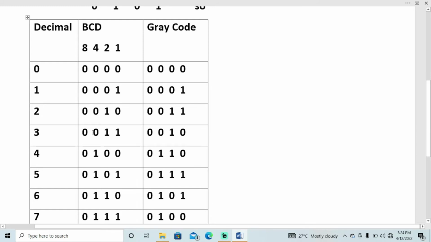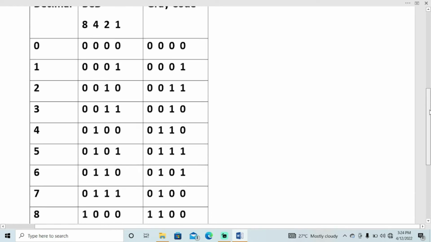And for the second one, we have 0 plus 0, so it will just be 0. And for the third, we will have 0 plus 1, which means it will be 1. And now for the fourth, we will have 1 plus 1, which will be 0 carry 1, so you just disregard the carry. So that's how we derive the gray codes from the binary codes.